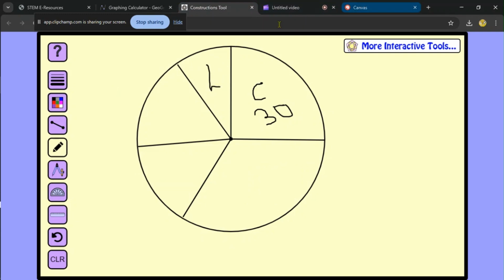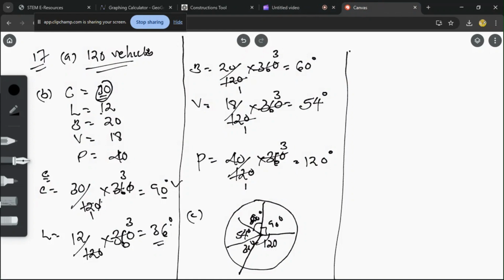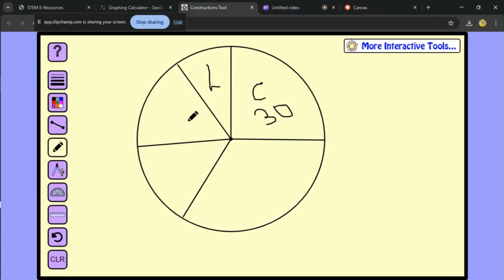The third one is it buses? I think so. So you have the bus. Then you have vans. Then the last one is we are having pickups. So you indicate their number here down.